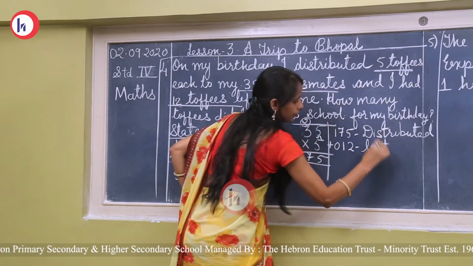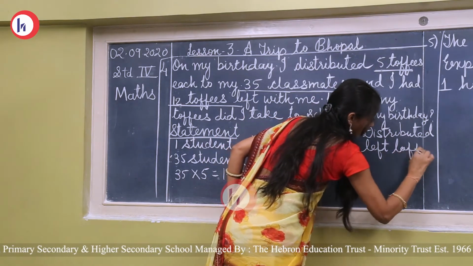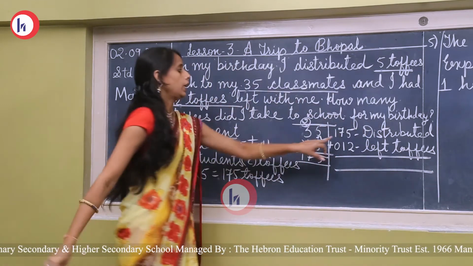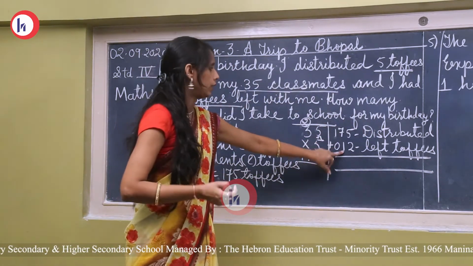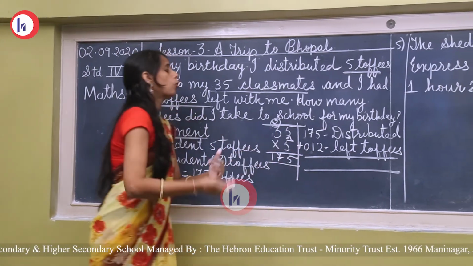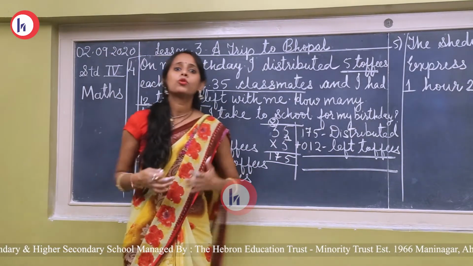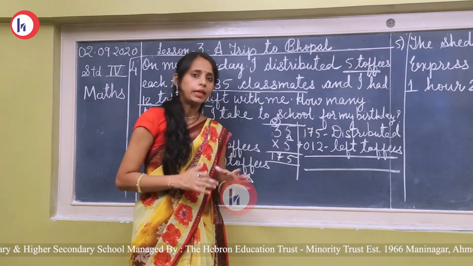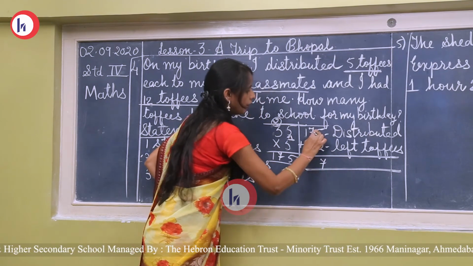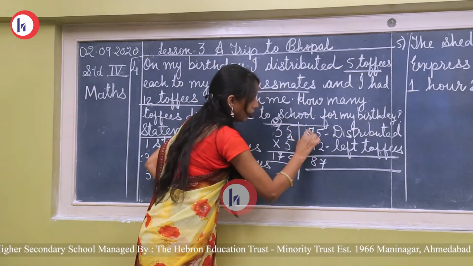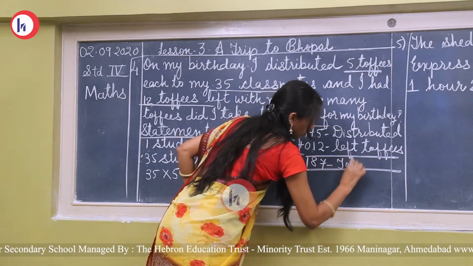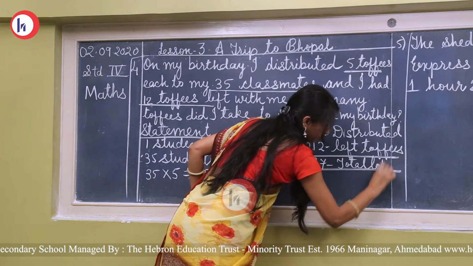Left toffees. इतनी डिस्ट्रीब्यूटेड हो चुकी है और इतनी मेरे पास में अभी बच गई है आफ्टर डिस्ट्रीब्यूटेड. सो अब हमको ये फाइंड आउट करना है कि वेन एवर आई केम टू स्कूल, हाउ मेनी टॉफीज विथ मी? सो 5 plus 2 7, 7 plus 1 8 and 1 plus 0 1. Total numbers of toffees.